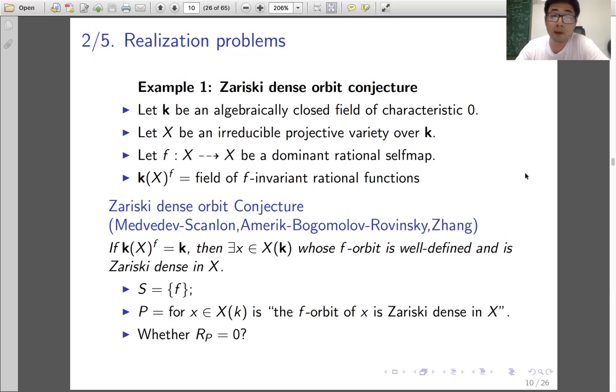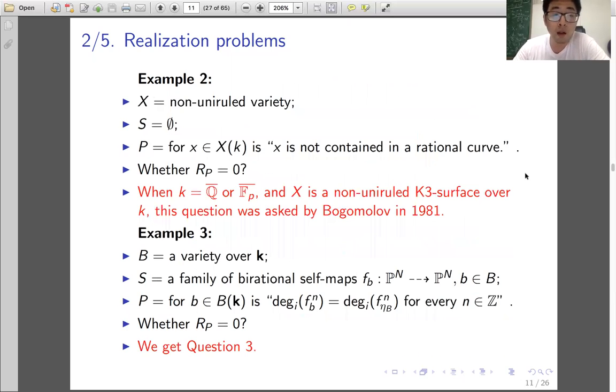So this makes this conjecture a realization problem. Another example: if X is a non-uniruled variety, S is an empty set, and P is the property for points in X(K) that x is not contained in a rational curve, because X is non-uniruled.